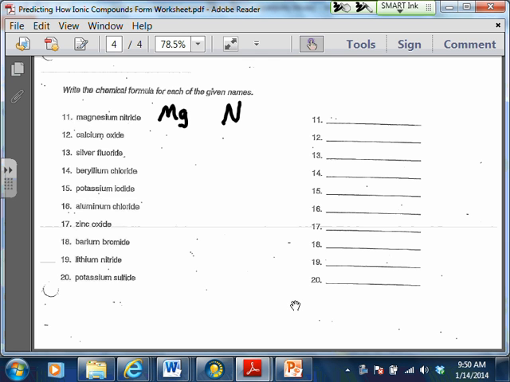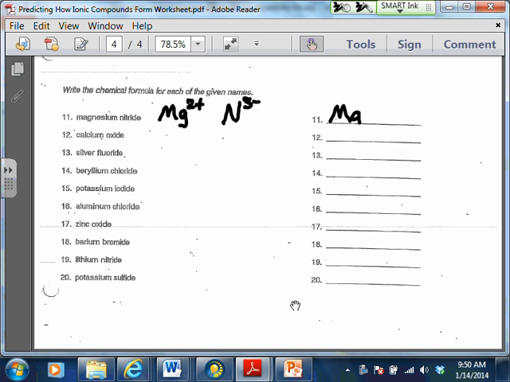If you in your brain now can skip that step, that's okay. If you still need to think about it, that's also okay. But what charge would magnesium form when it forms an ion? 2 plus, right? It's in group 2, so it's going to form a 2 plus. What about nitrogen? 3 minus, okay? So then you do your crisscross thing.